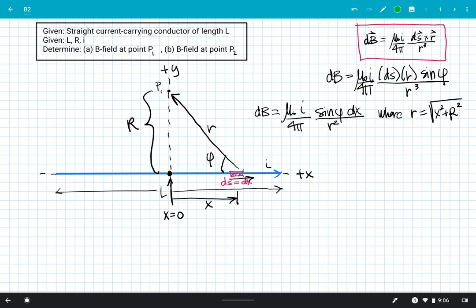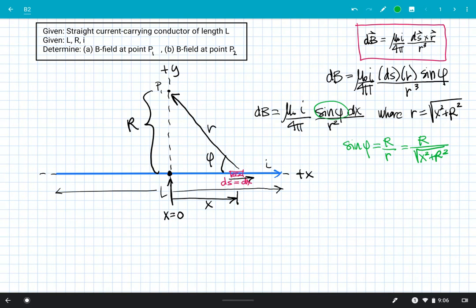Another thing that I can do here, I'm going to change up color, I'll use green, is notice the sine phi here. So let's rewrite that sine phi. Look at your right triangle there. Sine is opposite over hypotenuse. So that's just big R over little r. So sine phi is actually big R over the square root of x squared plus R squared. So that's going to simplify our dB.